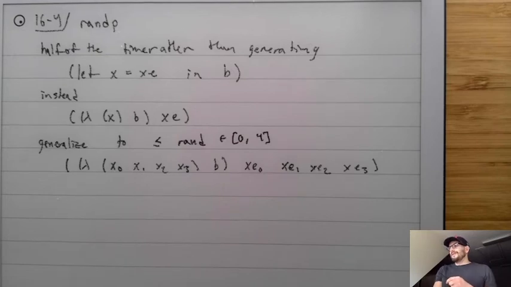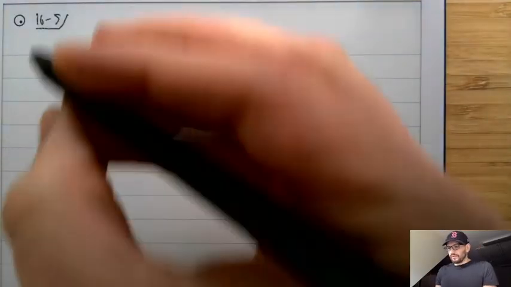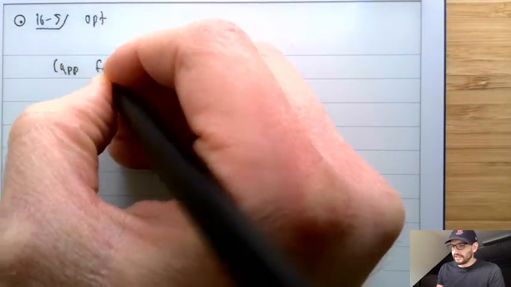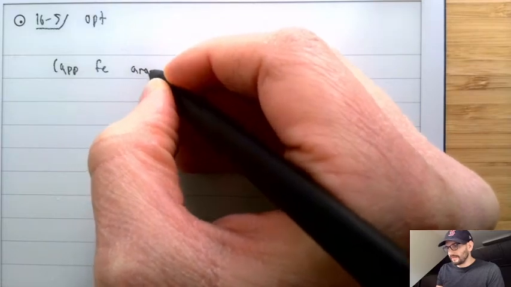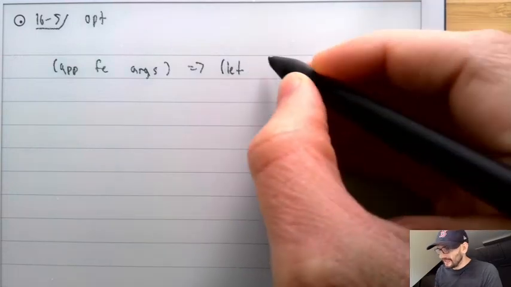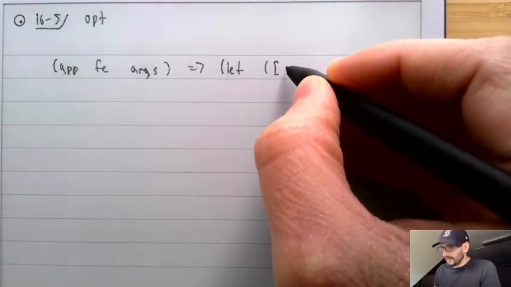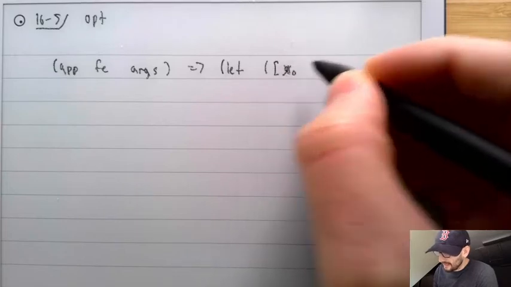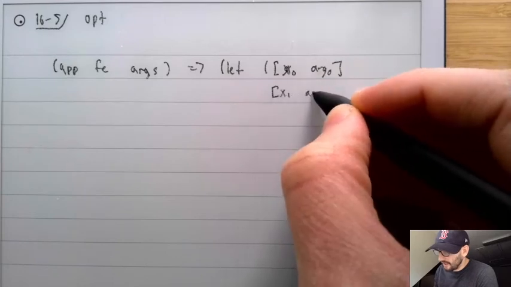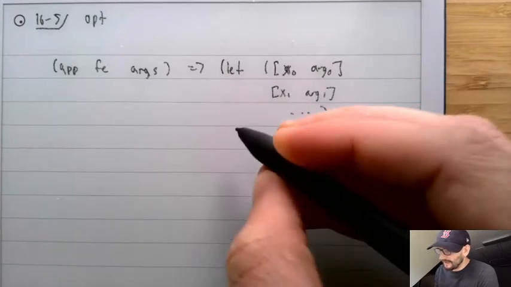Okay, what do we need to do for the optimizer? Basically, the main thing that you want to do is, right now you already have a rule in your optimizer that says when you apply some function expression to some arguments, you could turn this into a let where you explicitly say x0 is argument 0, and you do that for x1 and argument 1, and so on for all of the arguments, and then you have the body.